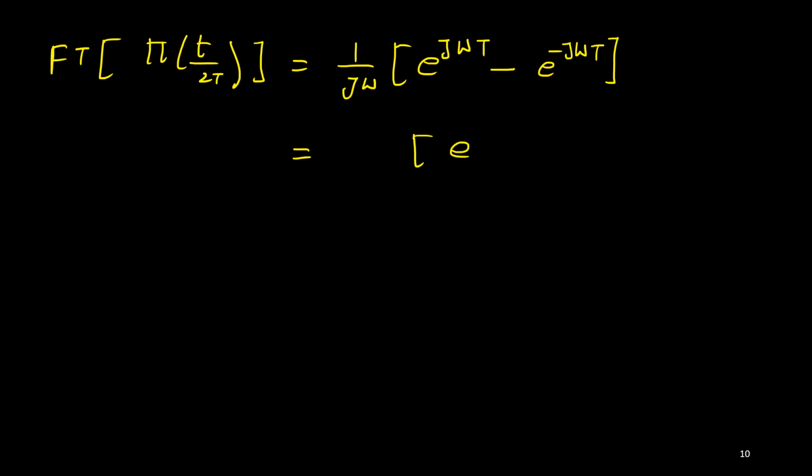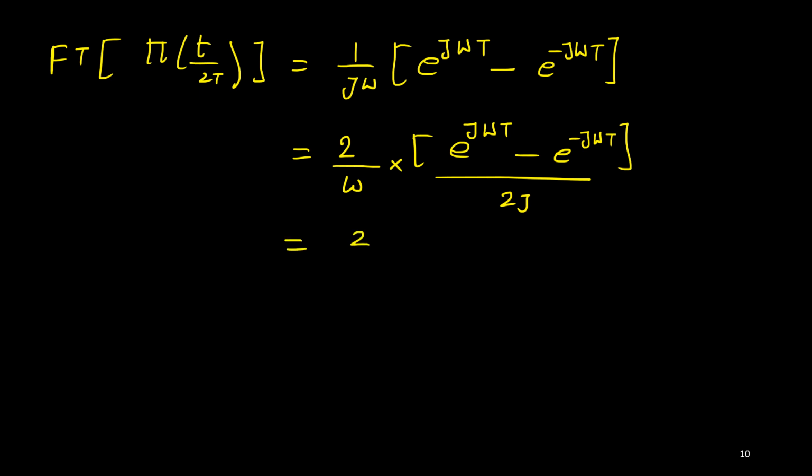We can write e to the power j omega T minus e to the power minus j omega T, and if it is divided by 2j, then we will get sine omega T. So this j I already have taken, so omega will remain here, and 2 I have multiplied here, so here also I have to multiply. So you will get 2 upon omega times sine omega T. This is the sinc function. So the same result we have got using this property.